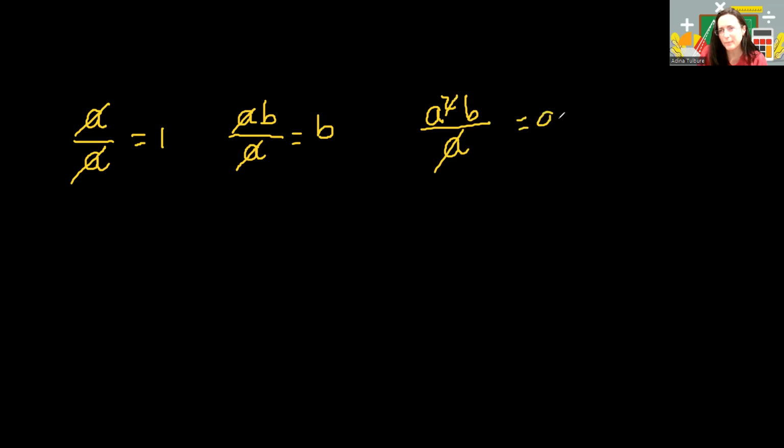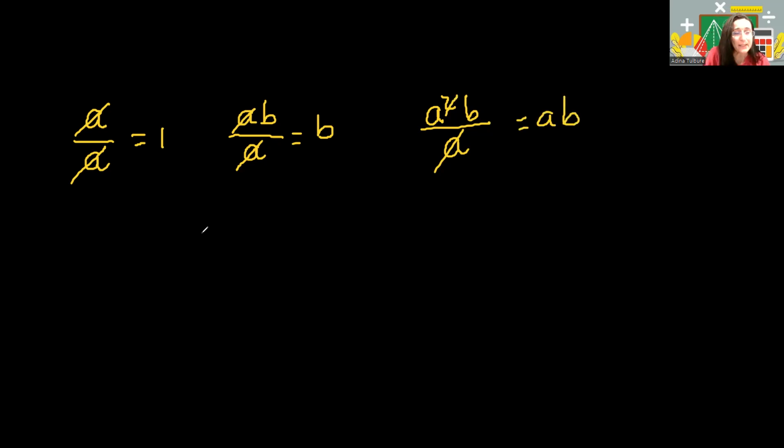So if, for example, you have AB over A, you can cancel them out. You can simplify them like that, divide them both by A, and you end up with B. And if you have A to the power of 2B over A, that would become AB.